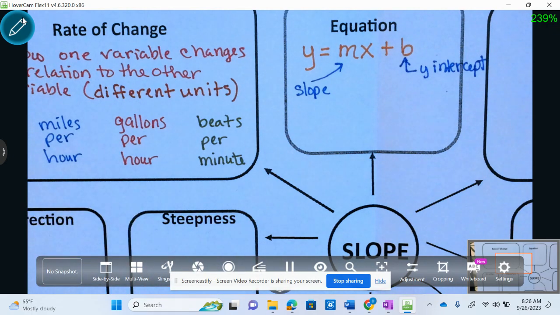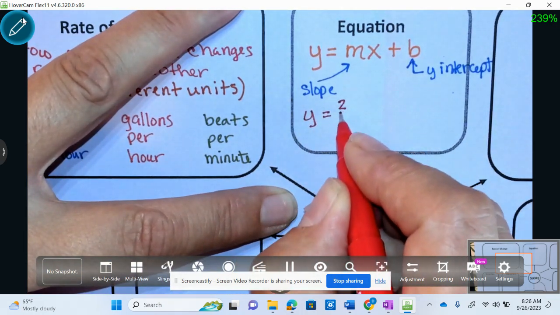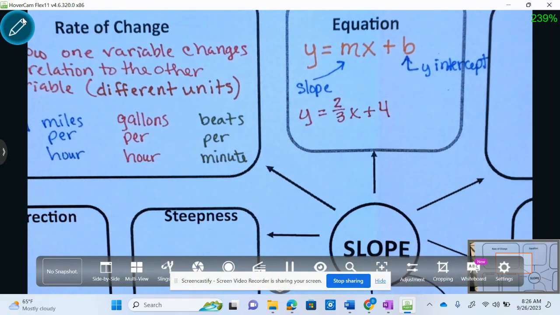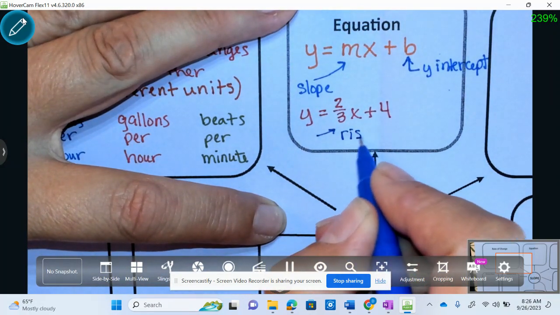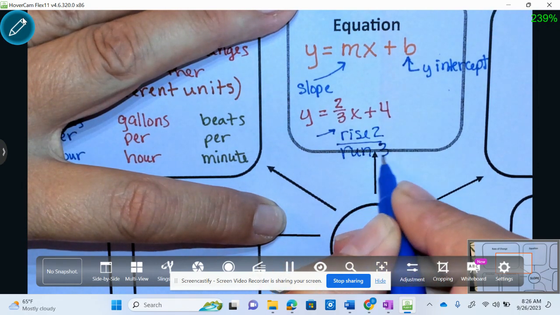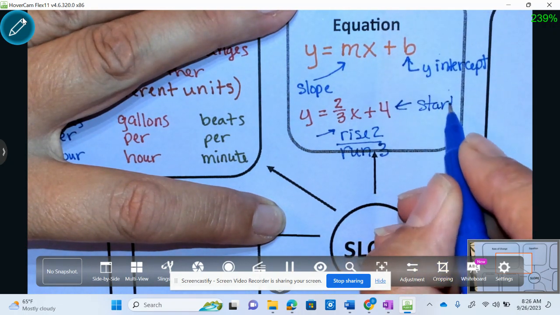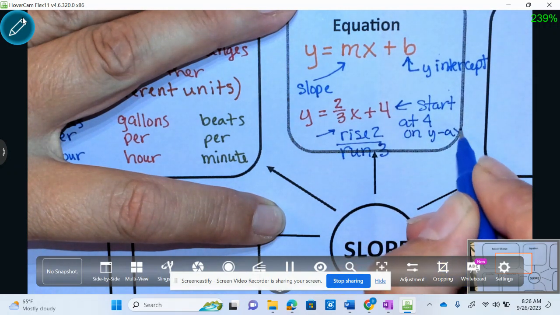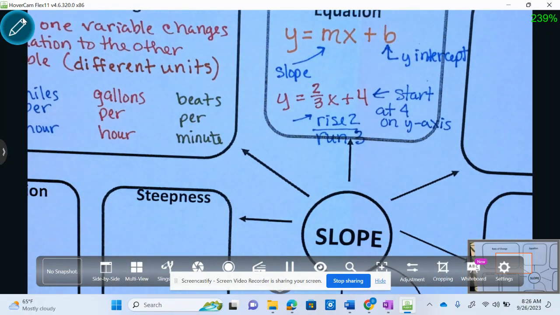So an example would be y equals 2/3 x plus 4. This tells me that I rise 2 and I run 3. This tells me that I start at 4 on the y-axis.